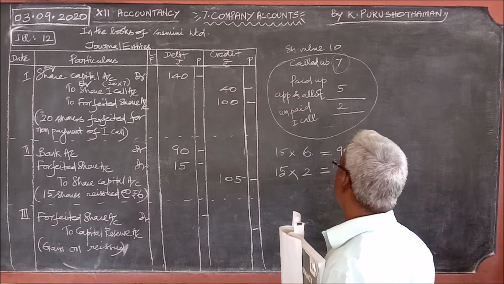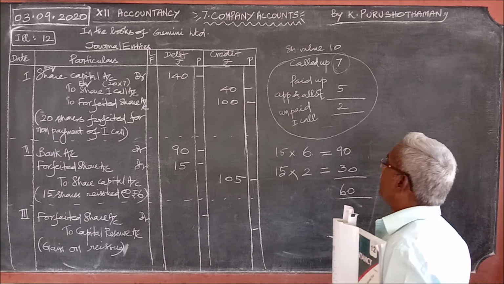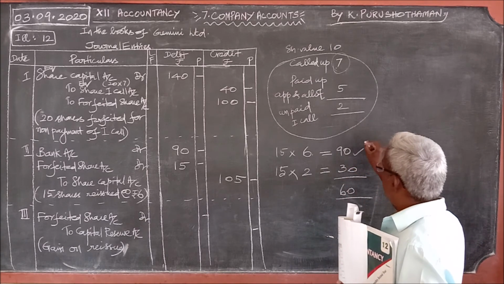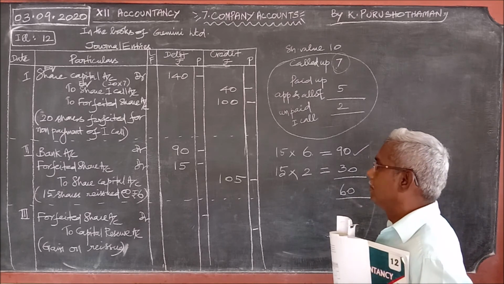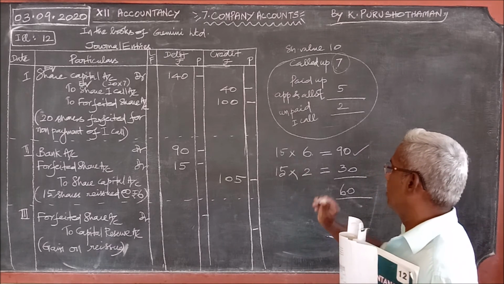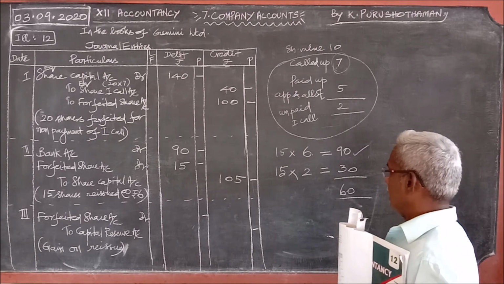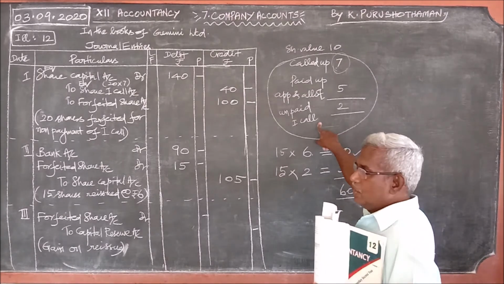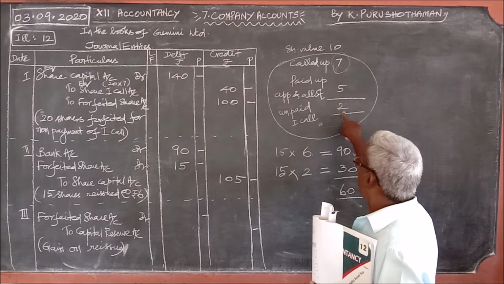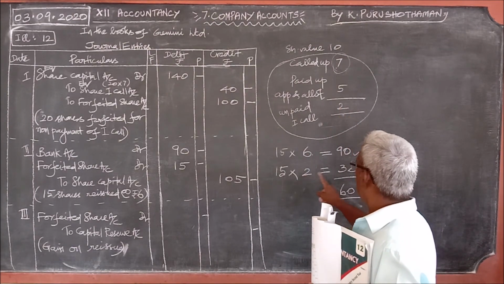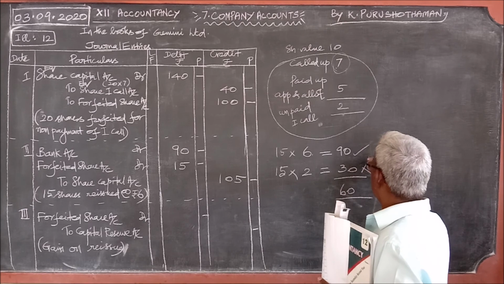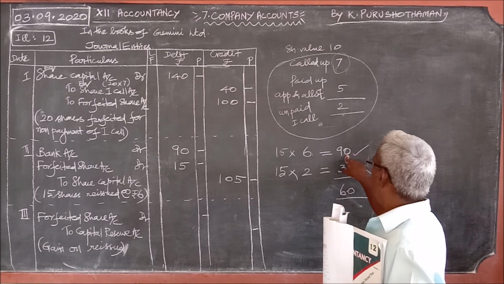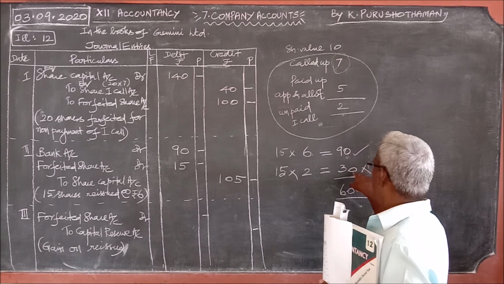For the 15 shares, the reissued amount will be 90. This is what is received by the company, therefore bank account debit. But for the same 15 shares, what is the unpaid first call money at the rate of rupees 2? 15 into 2, 30. This is the pending amount. This is the amount received, this is the pending amount.